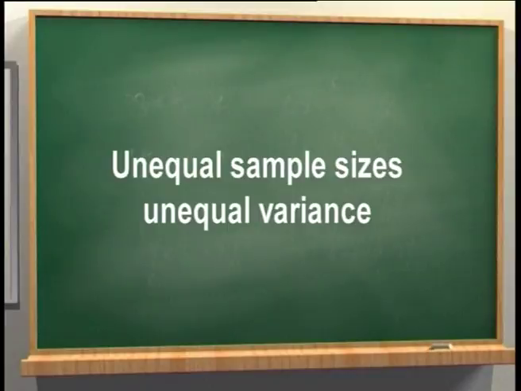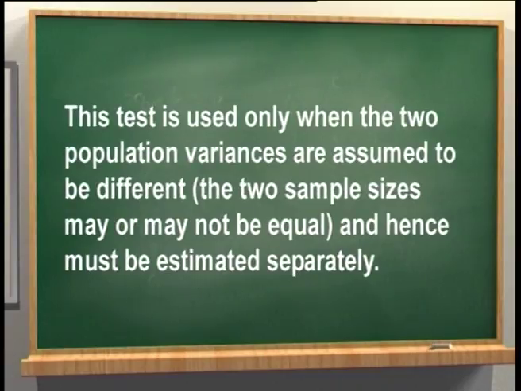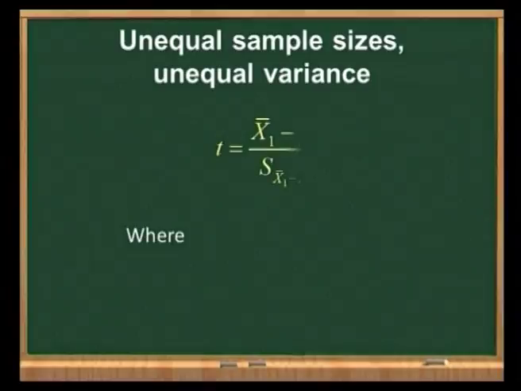Unequal sample sizes, unequal variance. This test is used only when the two population variances are assumed to be different and hence must be estimated separately. The t-test to test whether the population means are different can be calculated as follows.